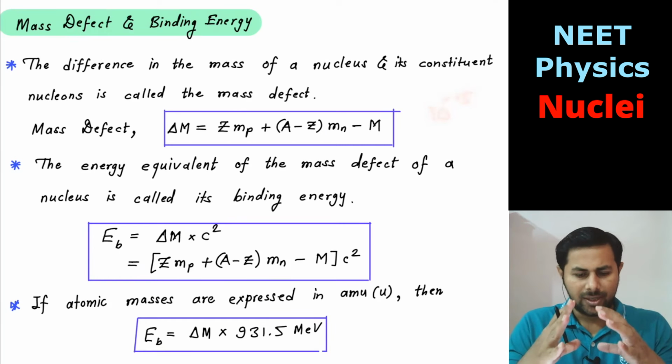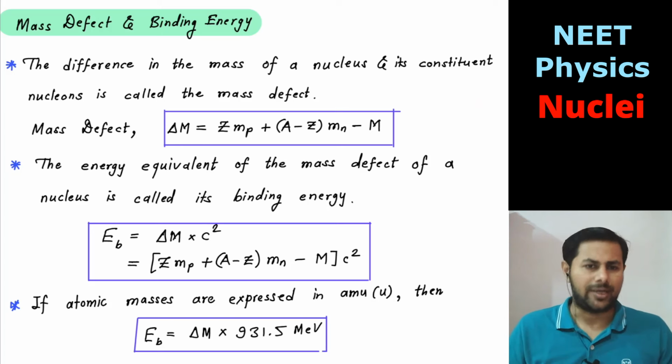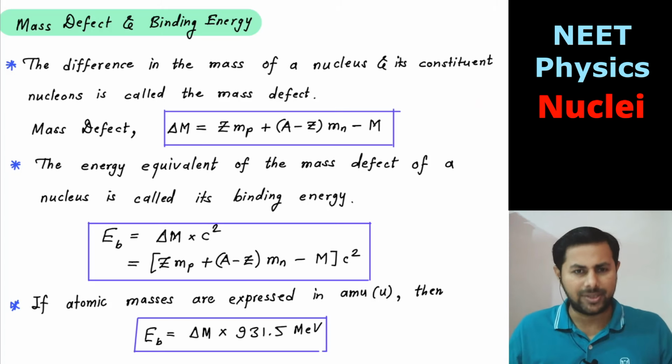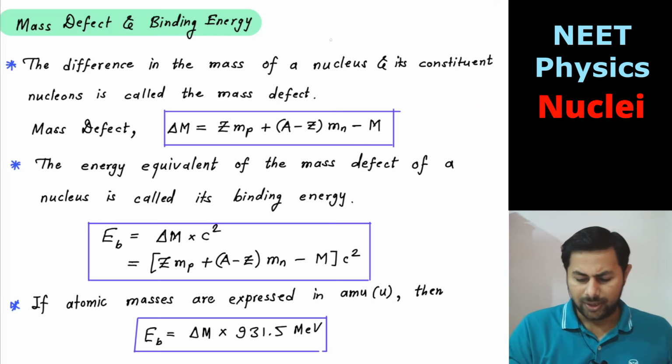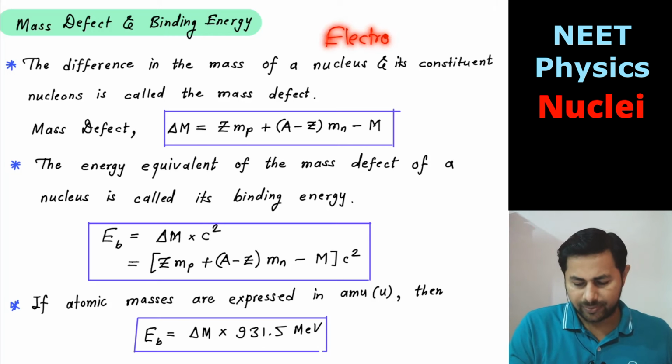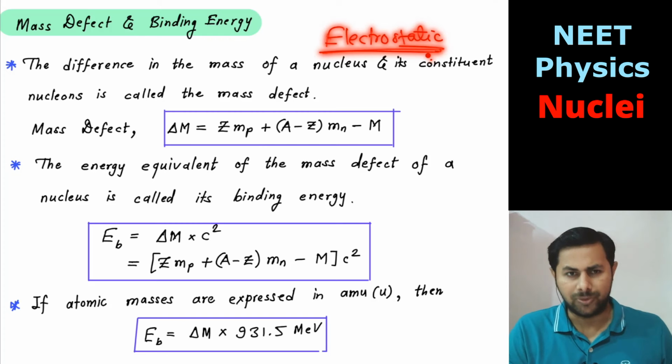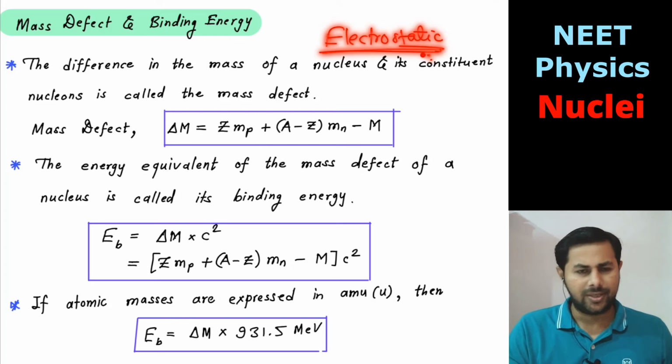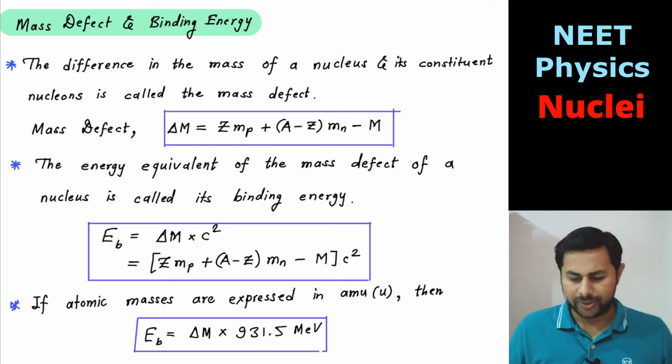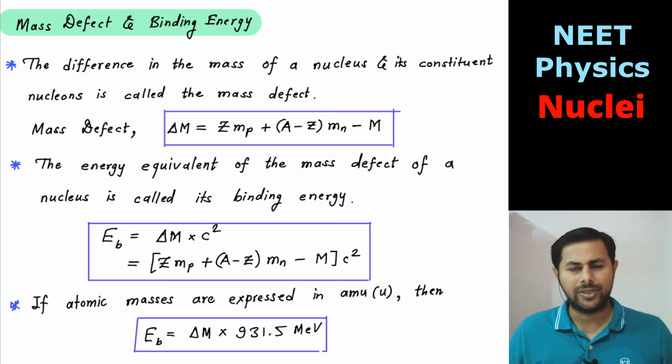You need a lot of energy to do that, because they repel each other, and we have seen the comparison of forces. The electrostatic force is a very strong force, right? So you need a force which is stronger than that to overcome that repulsion, and that force is known as the nuclear force. And to provide the nuclear force, you need some energy, that is known as the nuclear energy.